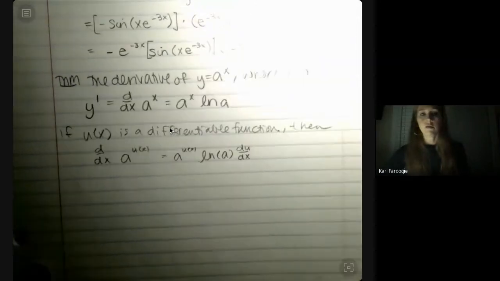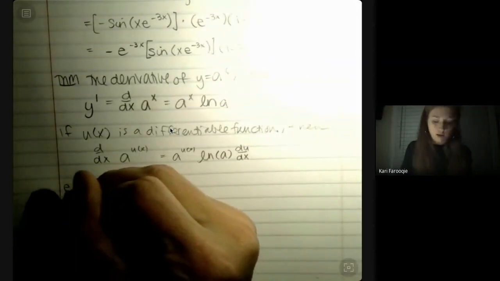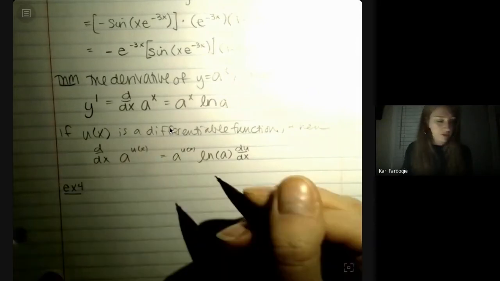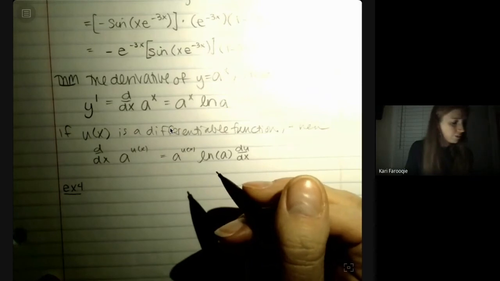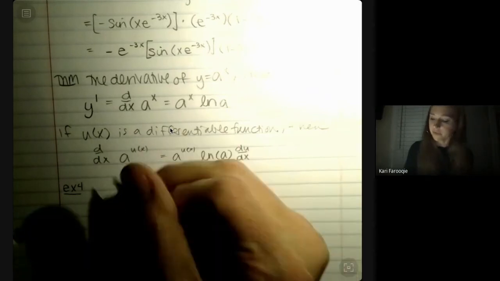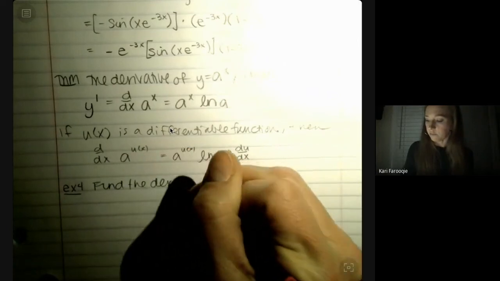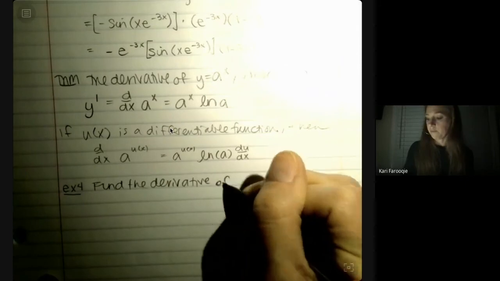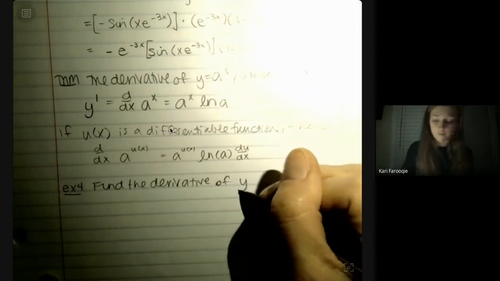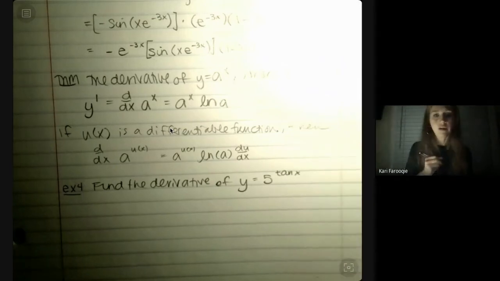Example, I think we're on example 4. Find the derivative of y equals 5 to the tangent of x.